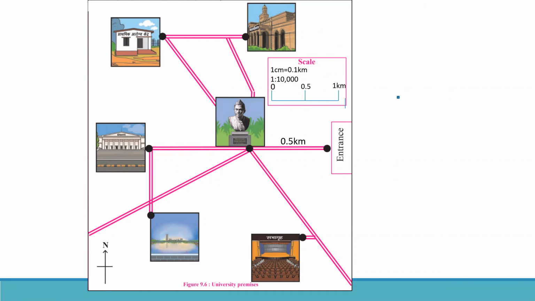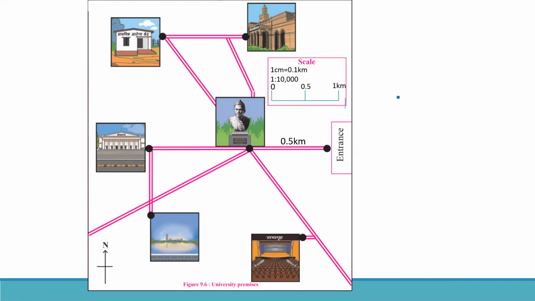Now the entrance is shown and they've given one distance, one measurement. They're saying some locations are shown. The distance between the statue and the entrance is 0.5 kilometer. If you take your ruler, your scale, and measure this distance from the black dot of the entrance to the statue, you will notice it is 5 centimeters.